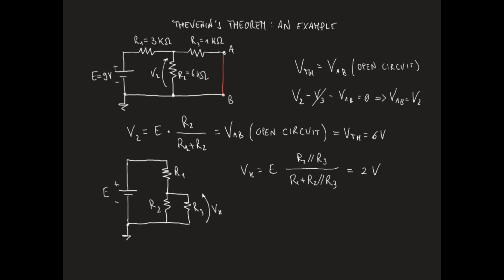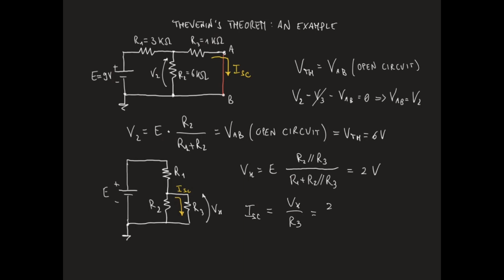Note that the short circuit current flowing between nodes A and B is the same as the current flowing through the resistor R3. Therefore, by Ohm's law, we can compute the short circuit current as Vx divided by R3.